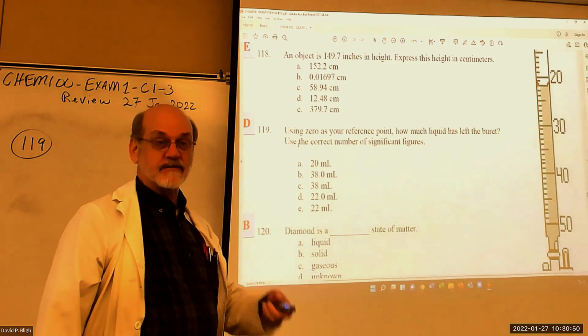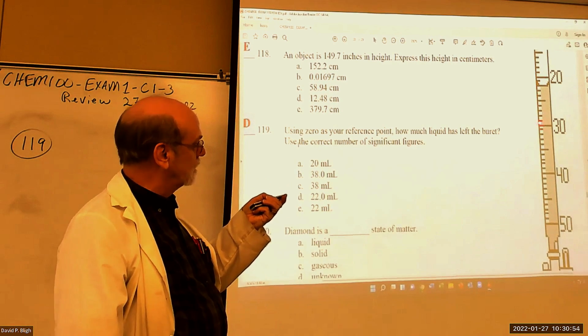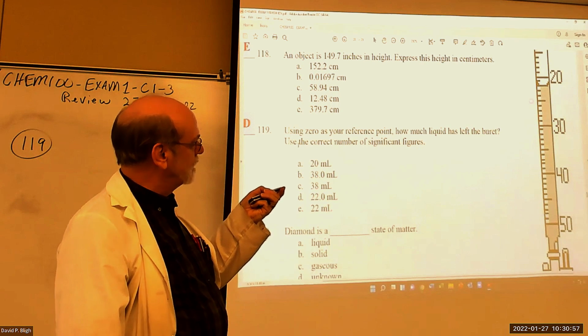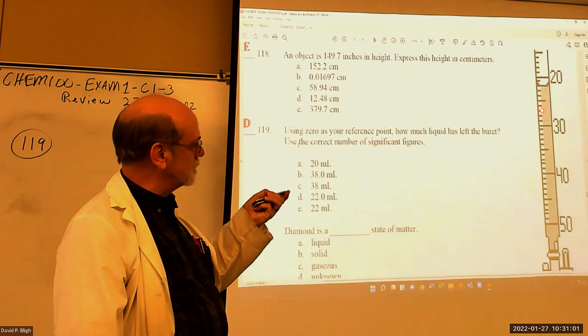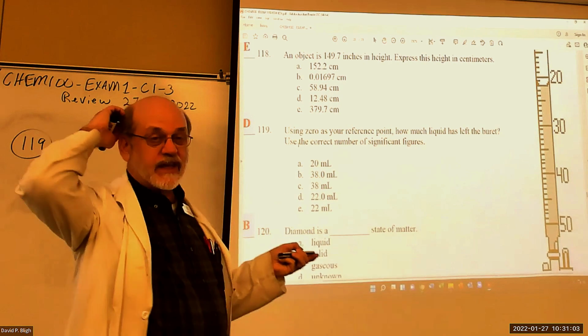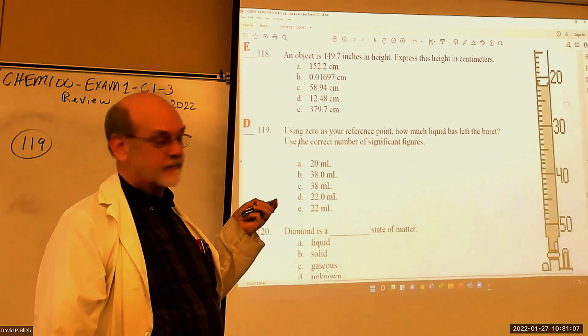So if it starts at 0 and goes down, it's past 20, but not 30. And we have 25, 26, 27, 28, 29, 30. So each one of those little marks is 1 milliliter.